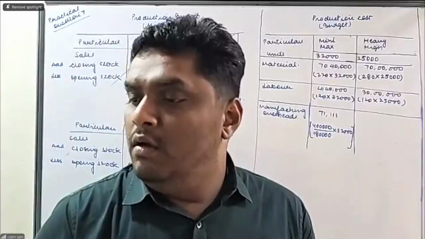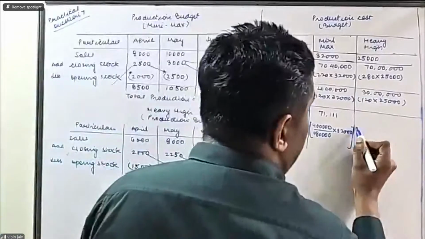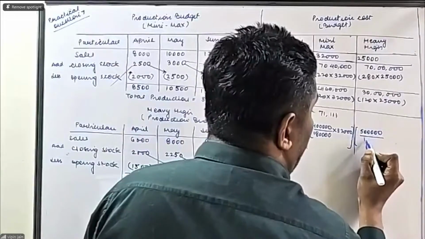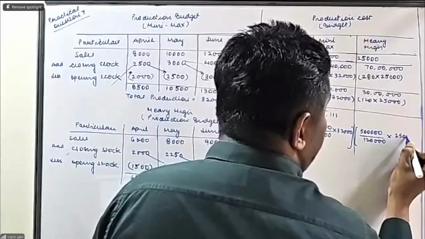Similarly, 5 lakh for 1,20,000 units. So for 25,000 units, how much?